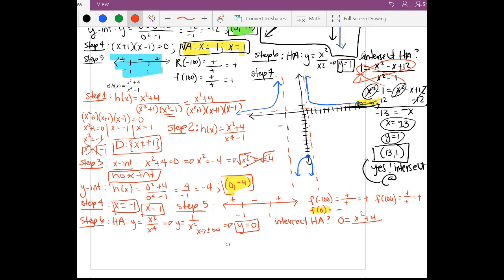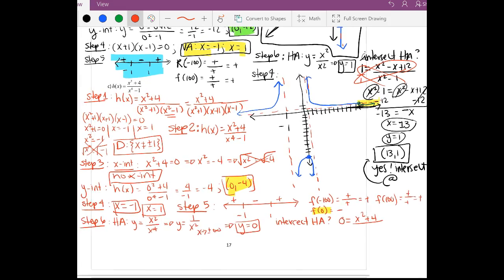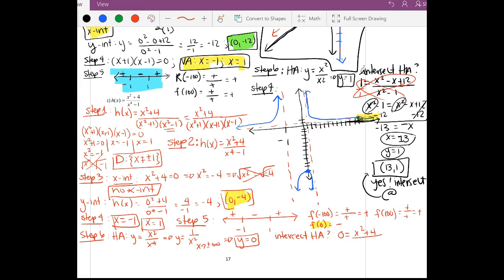So we're going to have x squared plus 4, sorry, lost track. So x squared plus 4, and then divided by x to the fourth minus 1. Well, we are going to cross multiply, but when I cross multiply, that right there is 0. Okay, so 0 equals x squared plus 4.